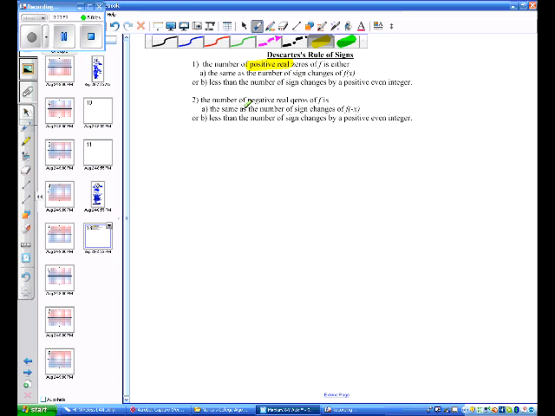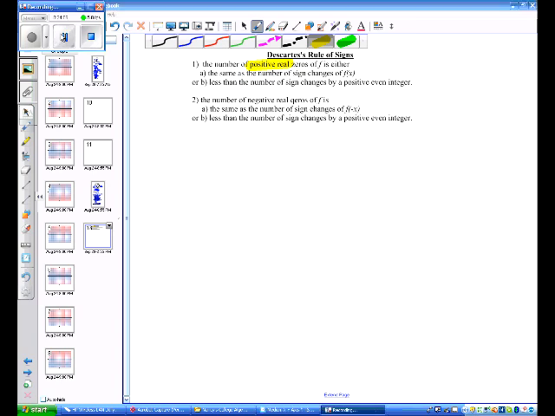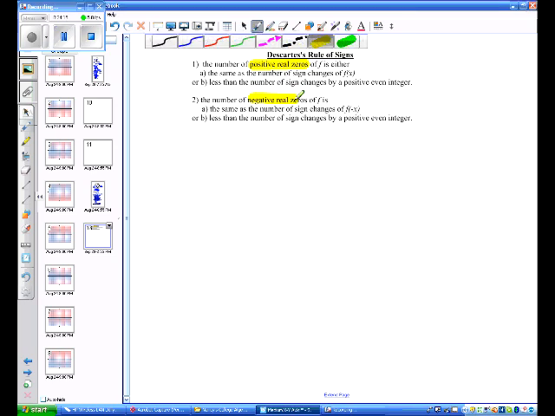To find the number of negative real zeros, we go through and find f of negative x. Wherever there's an x, we substitute in a negative x.